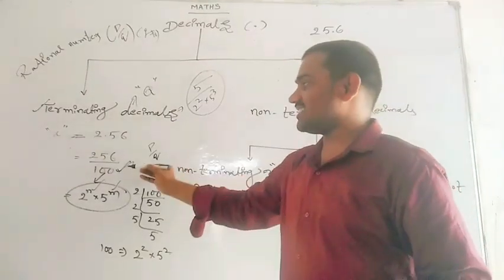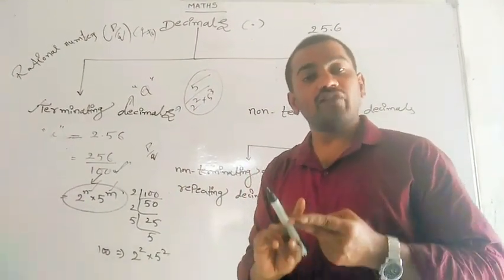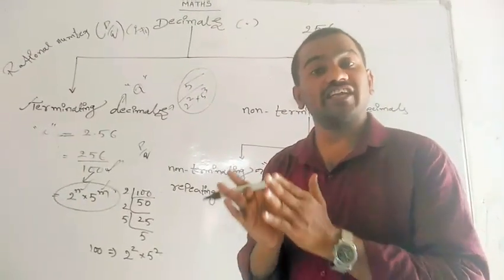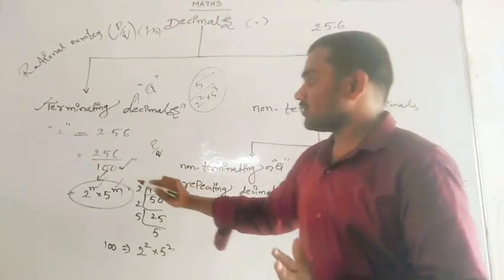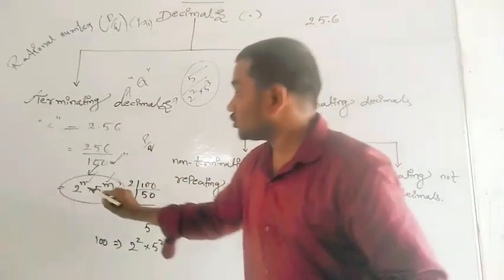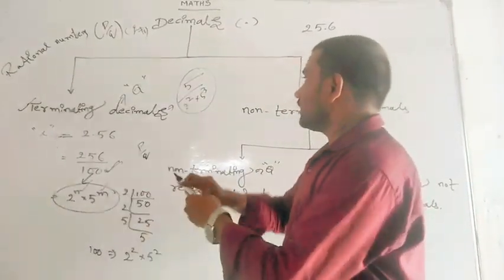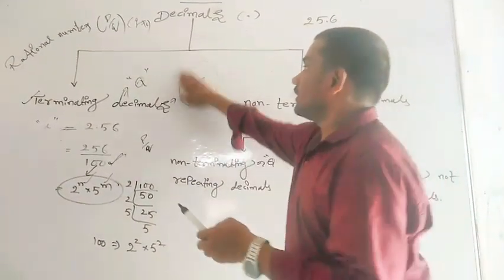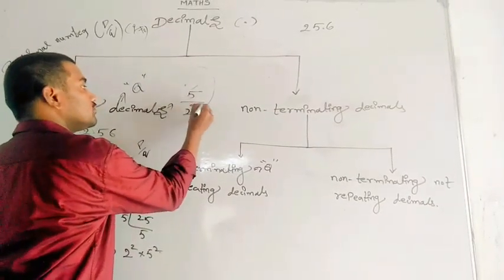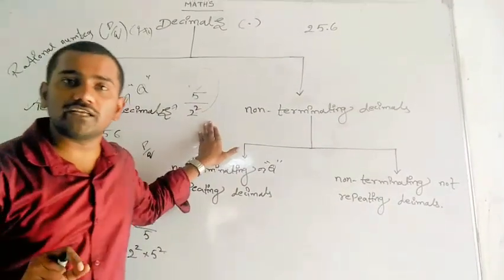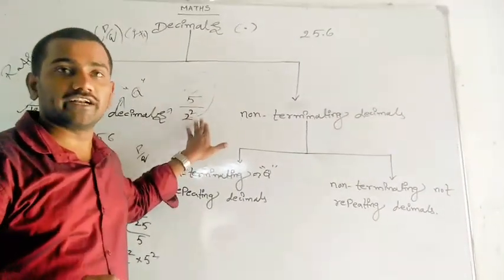So if the prime factorization of the denominator is in the form of 2 to the power of n into 5 to the power of m, they are known as terminating decimal numbers. It is not mandatory that both 2 and 5 should be there in the prime factorization of the denominator. Let me write 5 by 2 square. Is it a terminating decimal number? Yes, this is also a terminating decimal number.